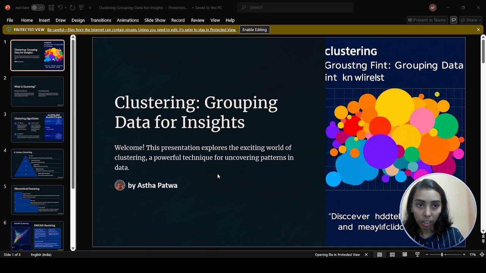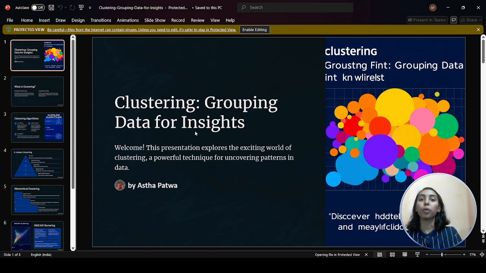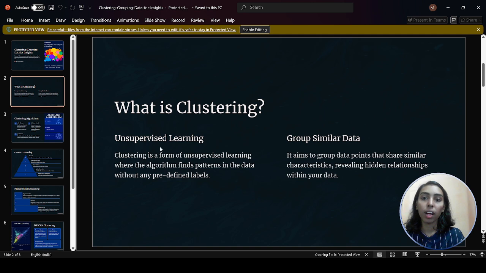Clustering means grouping data for insights. It is a form of unsupervised learning where the algorithm finds patterns in the data without any predefined labels and groups similar data.